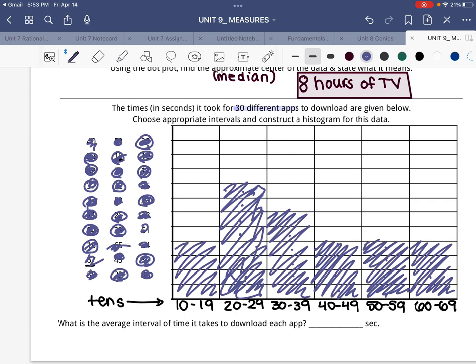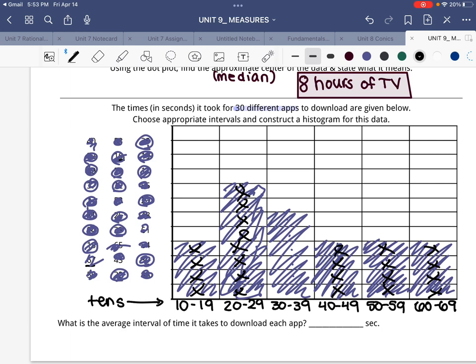Now, for the average interval of time it takes to download each app, we're going to have to cross through them again. So think of it kind of like this. I'm going to cross off 1, 2, 3, 4 boxes here, and 1, 2, 3, 4 boxes here. And then I'm going to go 1, 2, 3, 4 on the left side, 1, 2, 3, 4 on the right side, and again 1, 2, 3, 4 on the left side, 1, 2, 3, 4 on the right side.